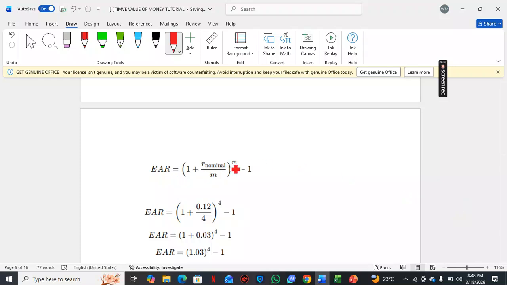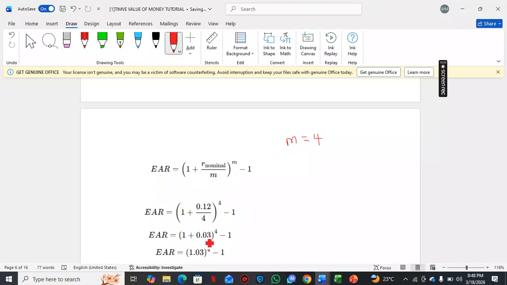Here's the formula again. The rate is 12%. Since it's discounted quarterly, M equals 4. So it's 1 plus 0.12 over 4, to the power 4, minus 1.